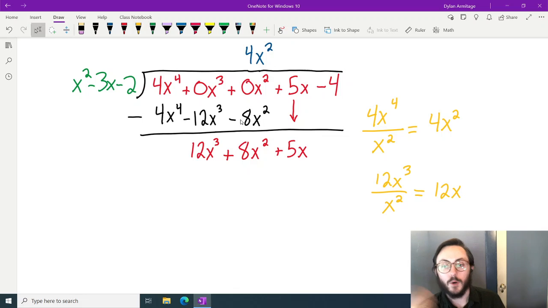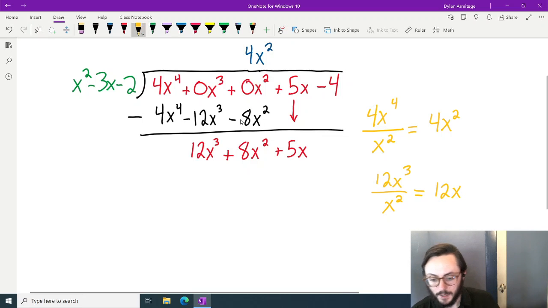So now we are going to multiply everything by 12x, which also means that up here we have plus 12x.